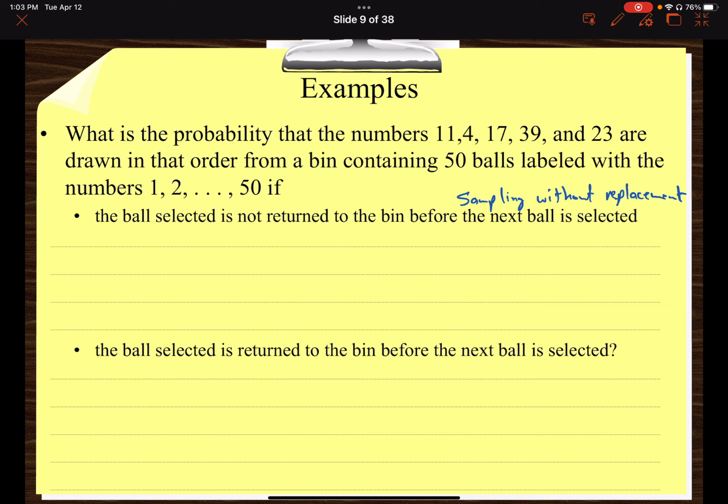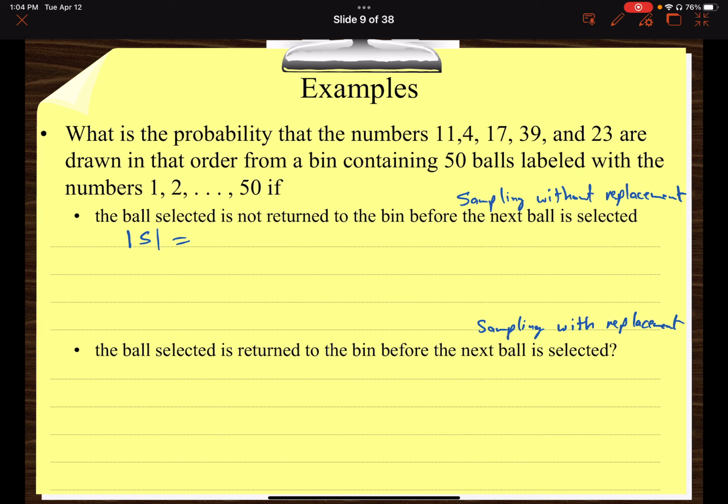And if we do return the ball into the bin before we pick our next ball, then we call it sampling with replacement. Okay? Yalla, let's start.